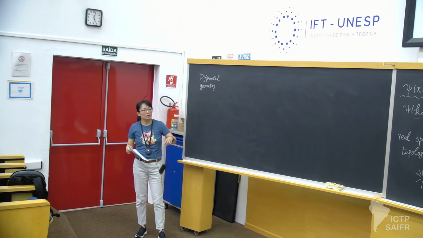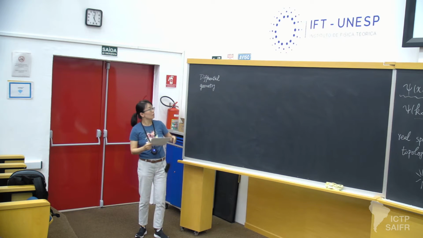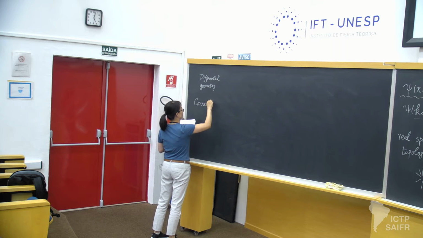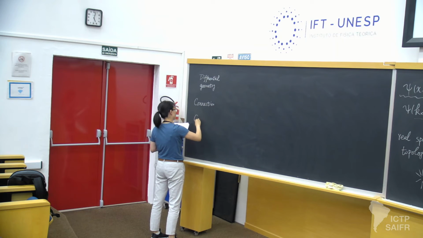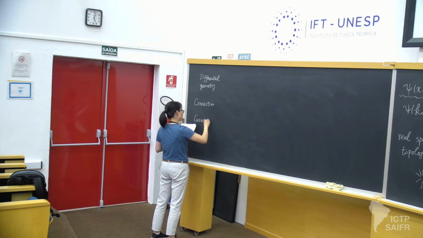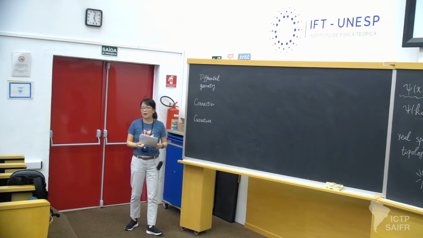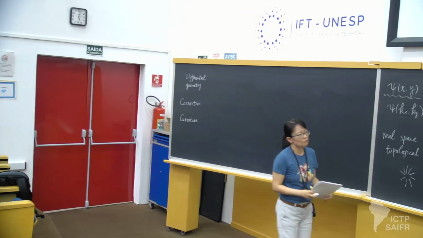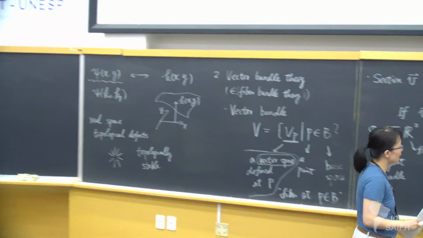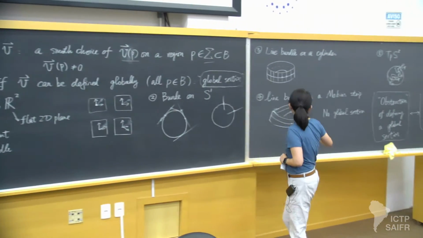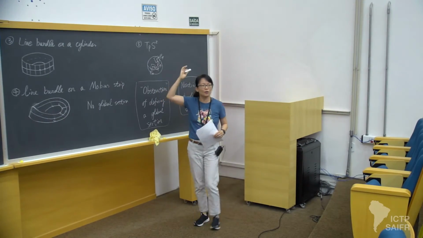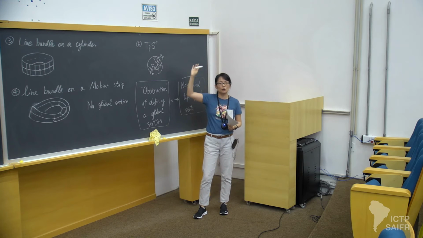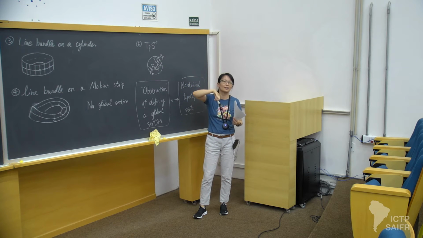Let me first write it here. If I want to describe how this vector space varies from one point to another point, because globally, that is going to be the description of the topology there.